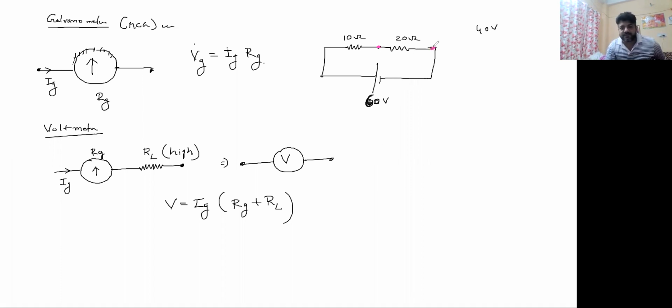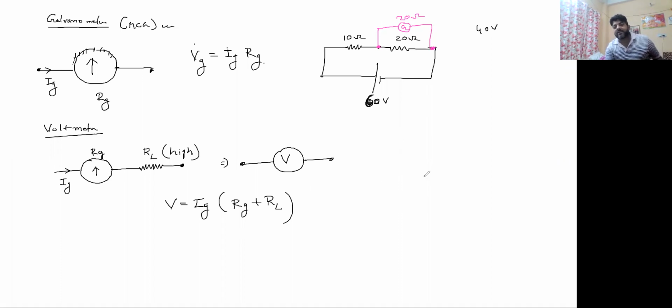What is your expected voltage? 40. Yes or no? Now suppose you connect here a voltmeter or galvanometer. Suppose the galvanometer's resistance is 20 ohm.